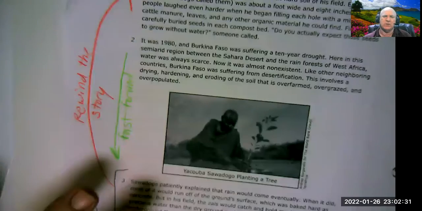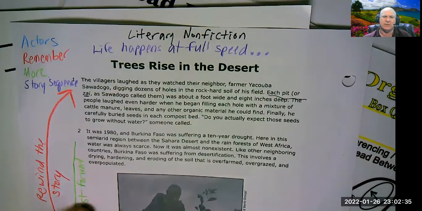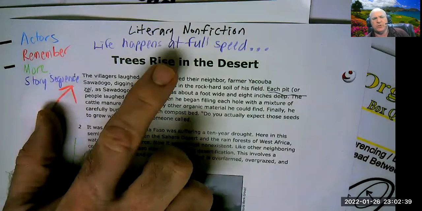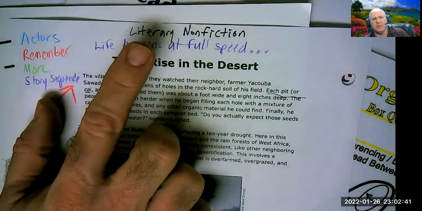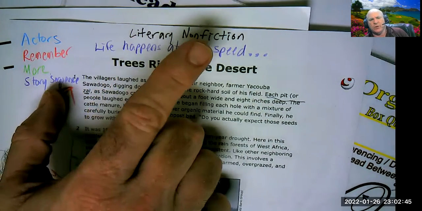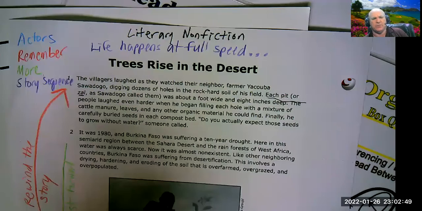I'm going to share my screen with you to give you a couple ideas. So here's the passage that we're going to be focusing on, and it's one of the two. They both happen to be literary nonfiction stories, real stories, not fake things that happened in the past.